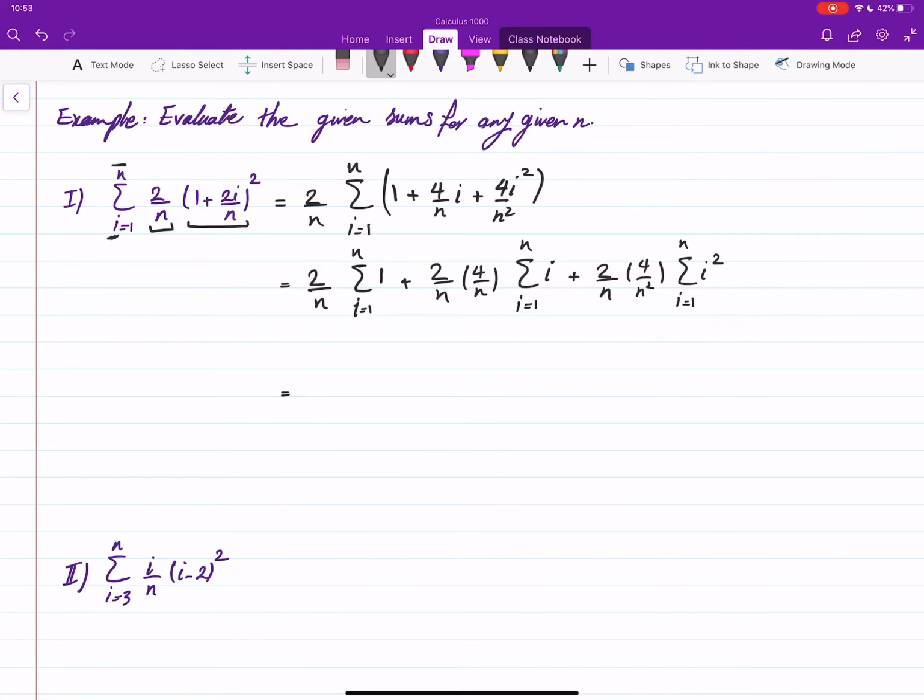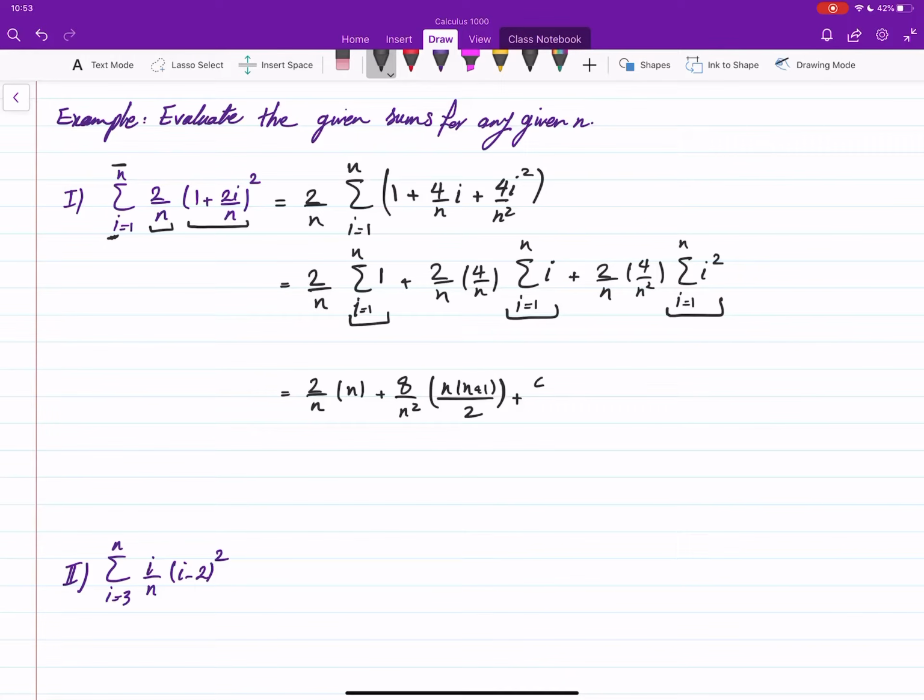Now, you see the summation parts that are not evaluated yet, we have formulas for. The sum of 1 from 1 to n is just n, plus this is 8 over n squared. The sum of integers, just i from 1 to n, is n times (n plus 1) over 2.